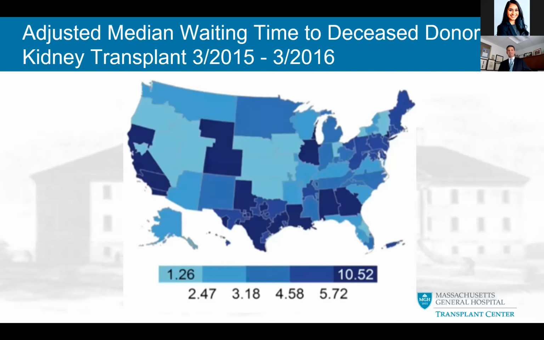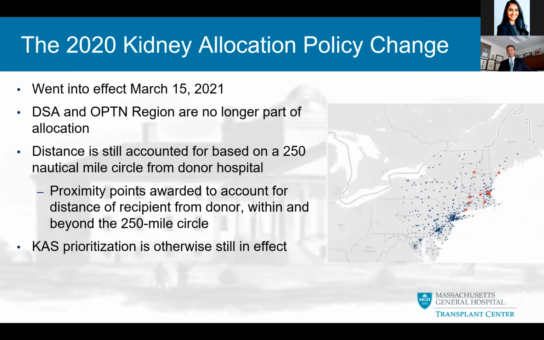And for that reason, there was a new allocation system that was implemented last year. It really didn't go into effect until March 15, 2021, exactly 3 months ago. And now the DSAs and the regions are no longer part of the allocation.